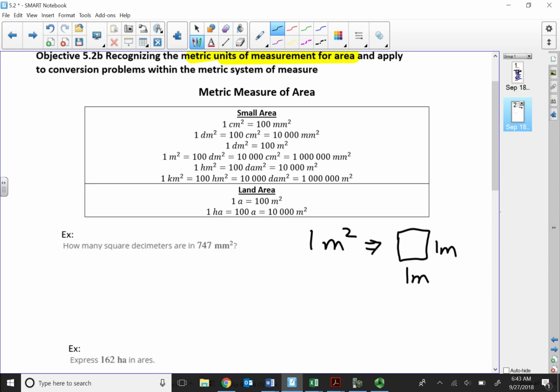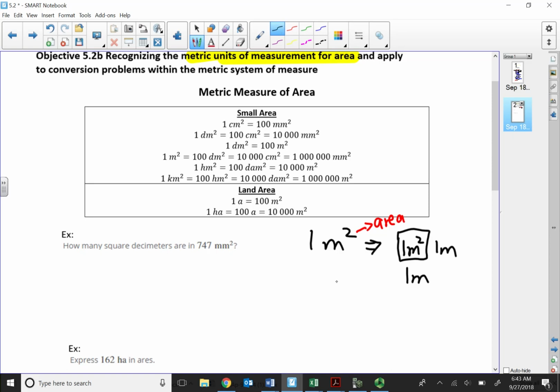As you can recall, when we find the area of a square, we simply take the side times the side. So the area is 1 square meter. So the word square, or the exponent 2 here, always represents area. In geometry, square means area.